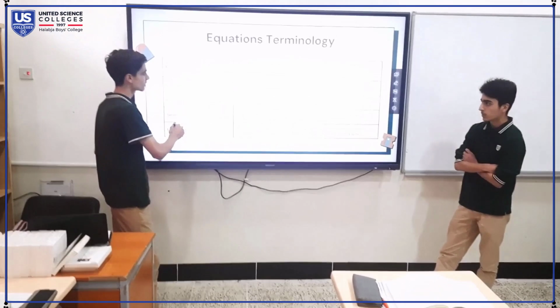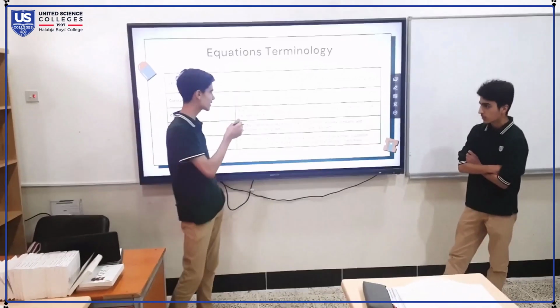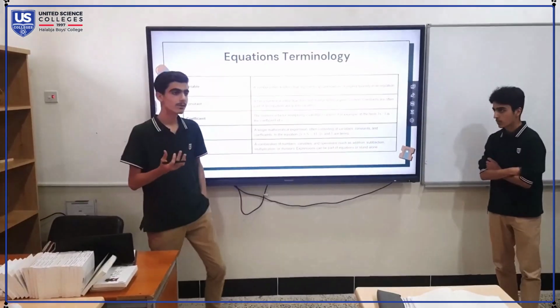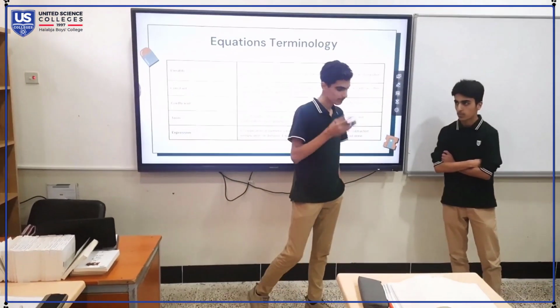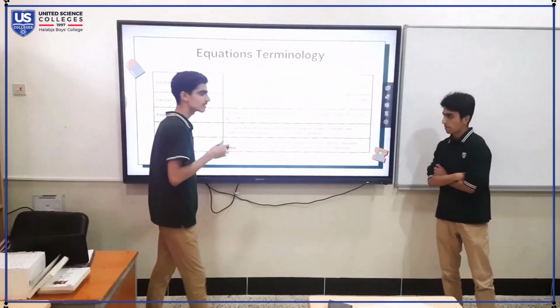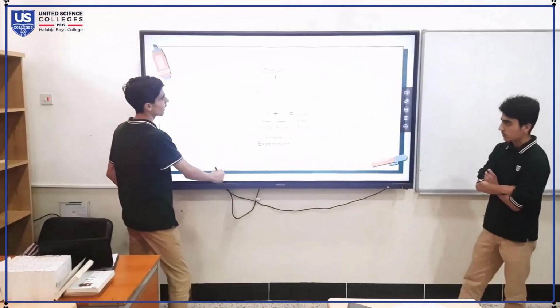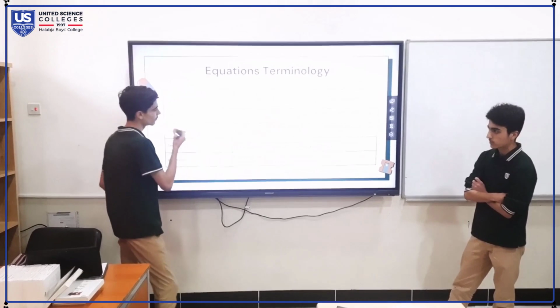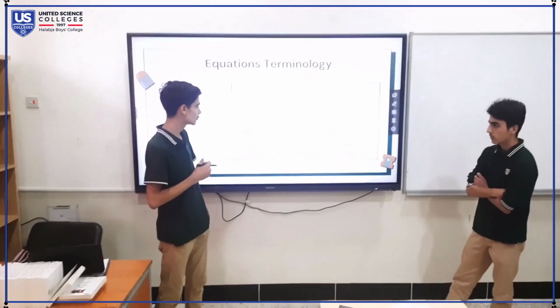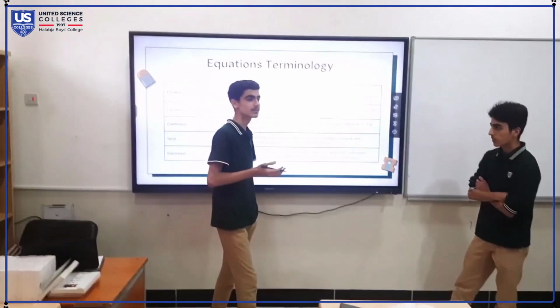And we have a constant. This is a numerical value that doesn't change. It is a number that doesn't change, not like the coefficient or others. The constant we have here is 9. The coefficient is the numerical factor multiplying a variable in a term. It is with a variable and it may change.